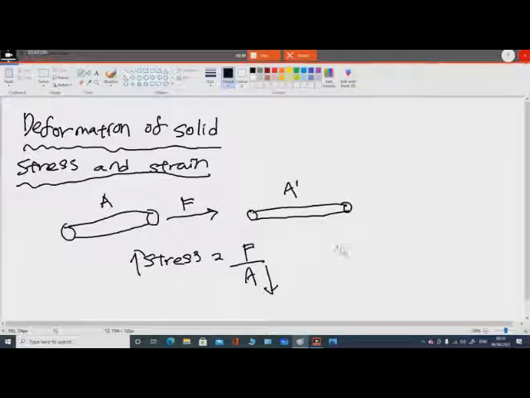So we can conclude that after applying the stress, the cross-sectional area is less than the original cross-sectional area. This is how stress works.